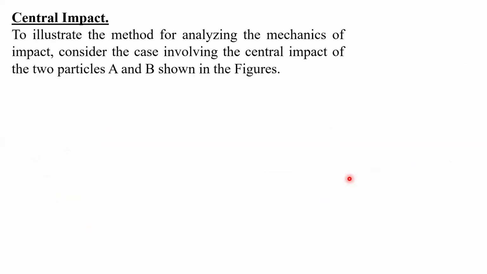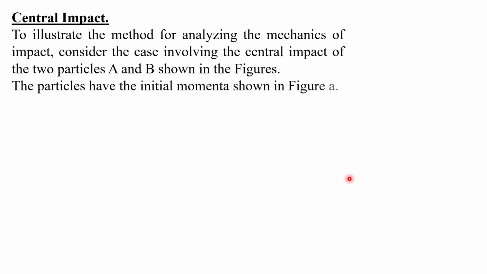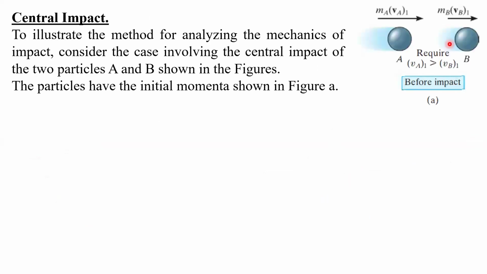So, central impact. To illustrate the method for analyzing the mechanics of impact, consider the case involving the central impact of two particles A and B shown in the figures. The particles have the initial momenta shown in figure A. You know that momentum has nothing to do with impact.